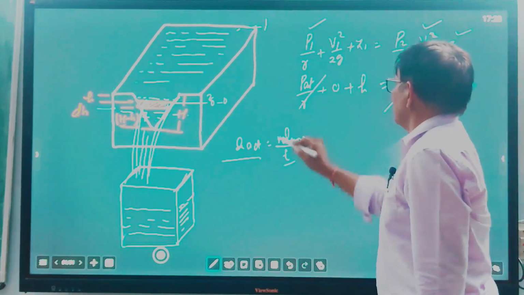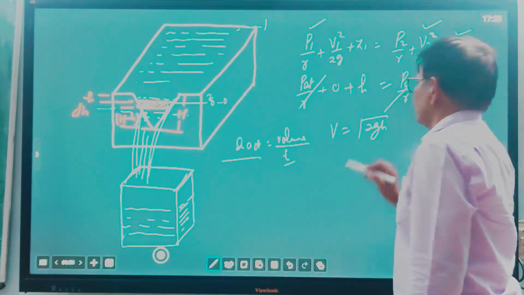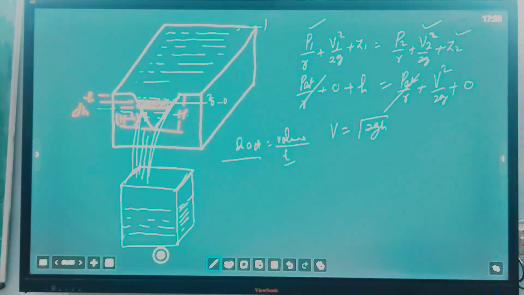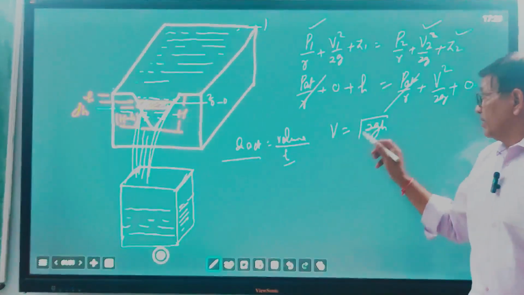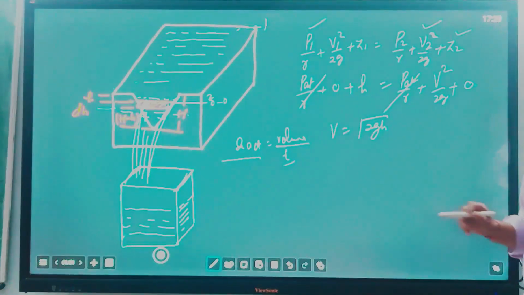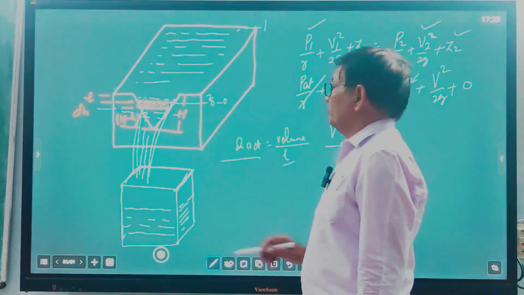Now this gives V equals under root 2gh. For all kinds of notches, when there is a height h below the free surface of water, the velocity will be under root 2gh. There is no need to repeat the calculation of velocity V. So this is velocity V.